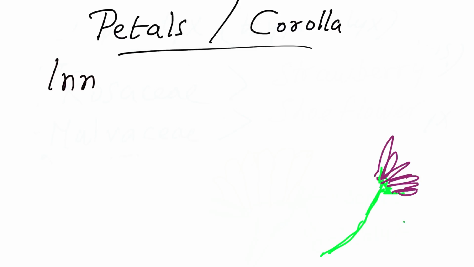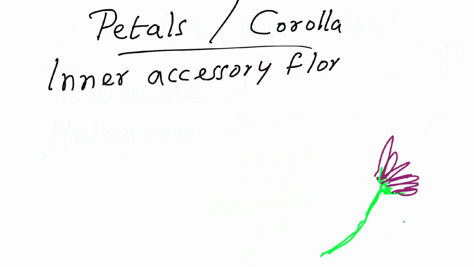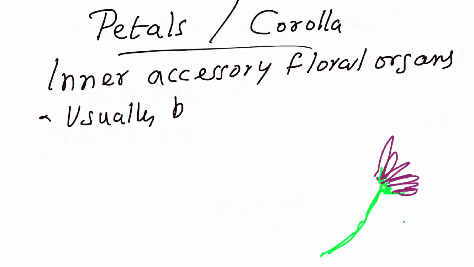So petals or corolla, it's the inner accessory floral organ. What do we mean by inner accessory? Accessory means that petals don't have a direct role in the reproductive process, but they aid in it. That's why it's called an accessory floral organ.